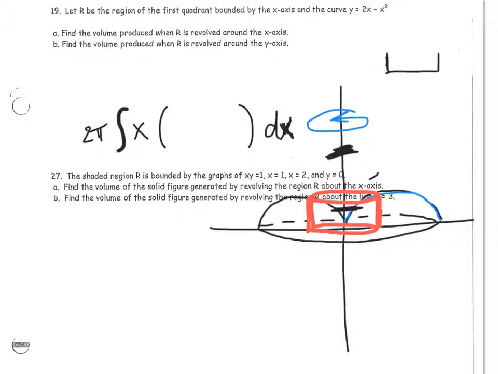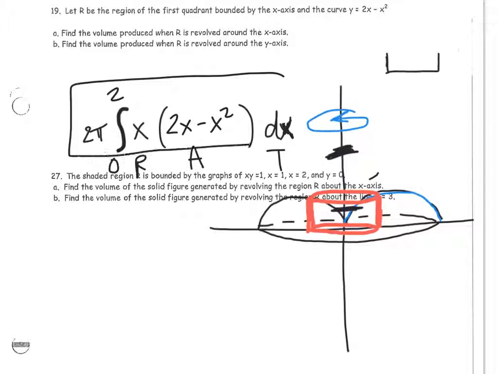So I've got that as 2x minus x squared. That's my radius, that's my altitude, that's my thickness. I'm going to add these shells from the inside to the outside, from 0 to 2, and that is my volume function. We're just going to set those up, which is typically what you do a lot on the AP Calc exam.